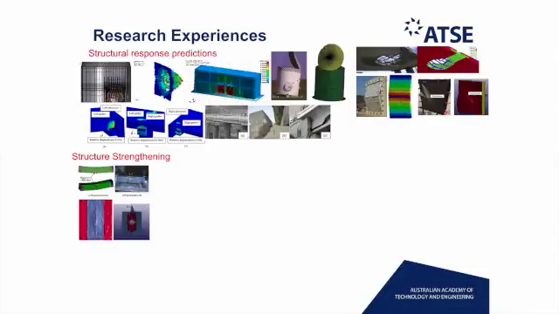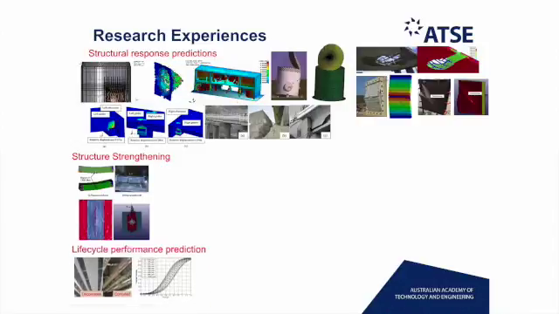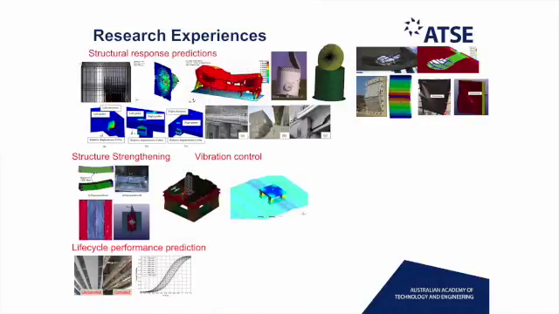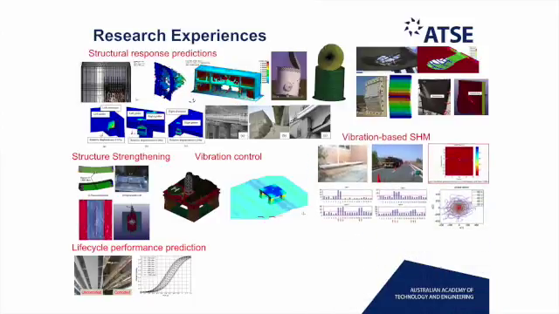This is an example of FRP strengthening of concrete or steel structures, and life cycle performance prediction, considering structure deterioration due to fatigue and corrosion, what is the current status and what is the current performance and load carrying capacities. And also vibration control, that is how we can control the vibrations, and structure health monitoring.